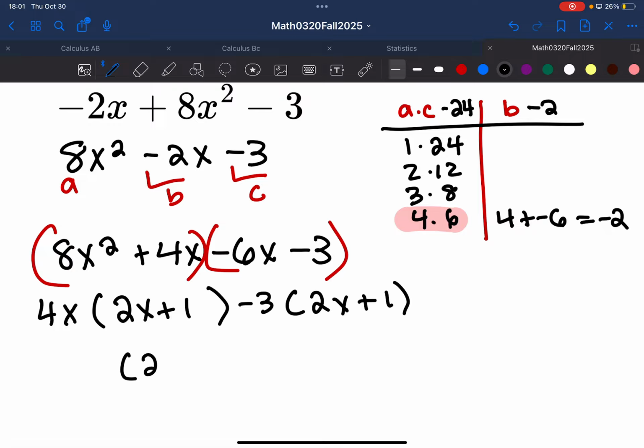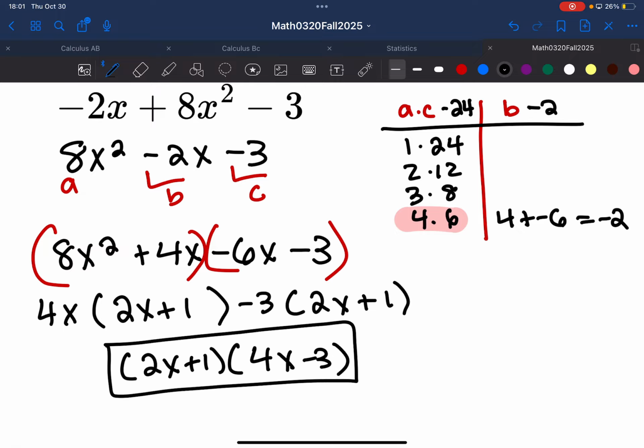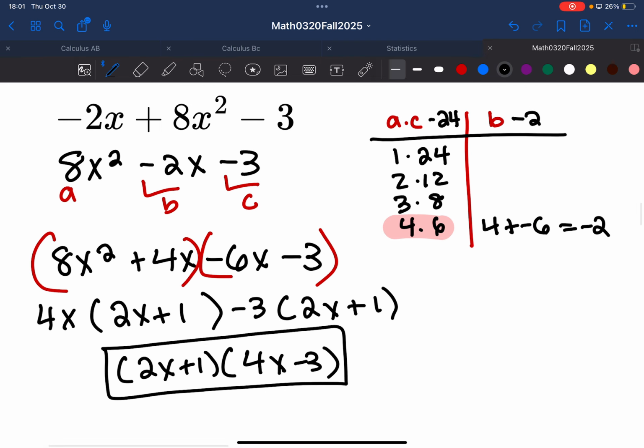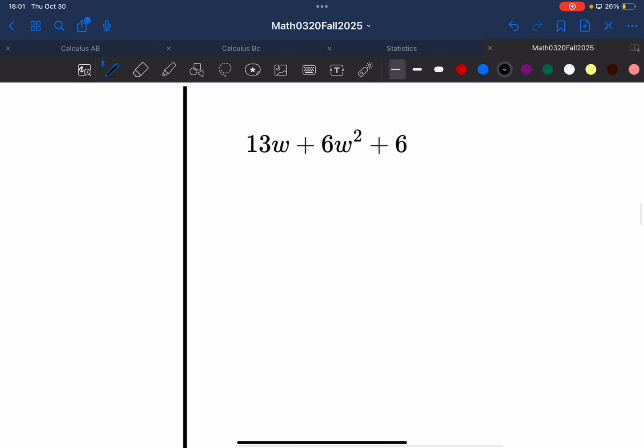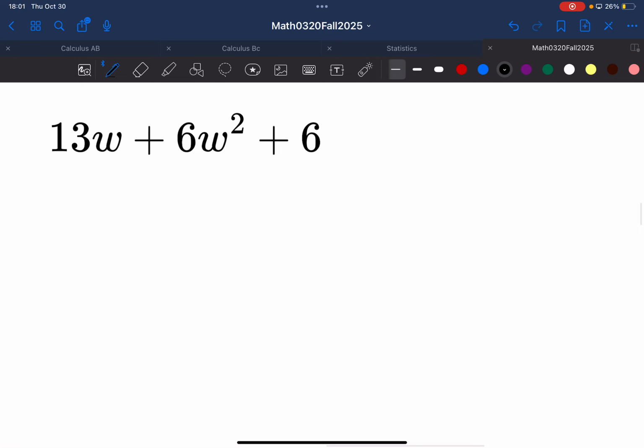Which means we have 2x plus 1 and 4x minus 3 as our answer. Okay, go ahead and take a minute and try this one. Once you have your answer, compare with your neighbor.